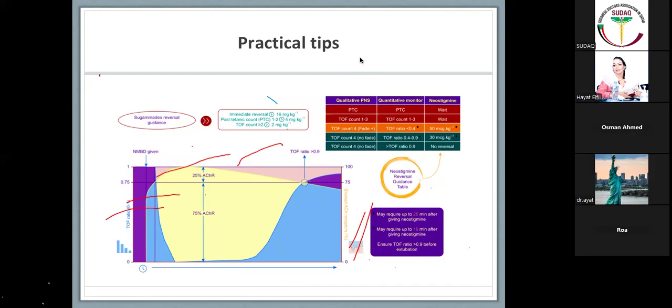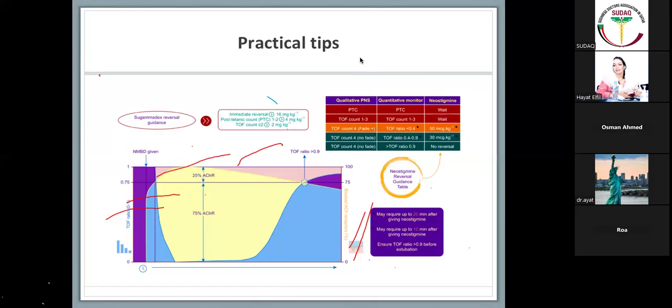The worst scenario is an awake patient who cannot breathe. That is very distressing. So you have to sedate the patient, maybe waiting for the muscle relaxant to wear off. I really recommend you go through those references. They have lots of clinical information and evidence-based discussion about these things.